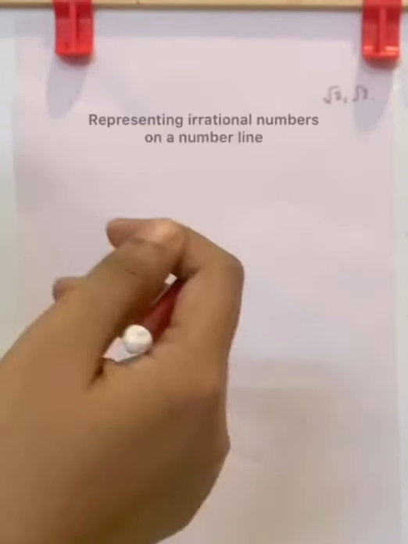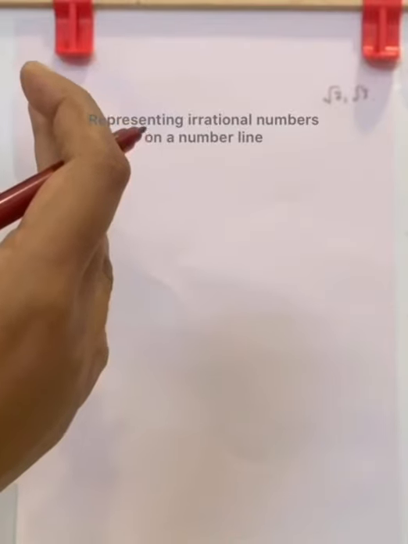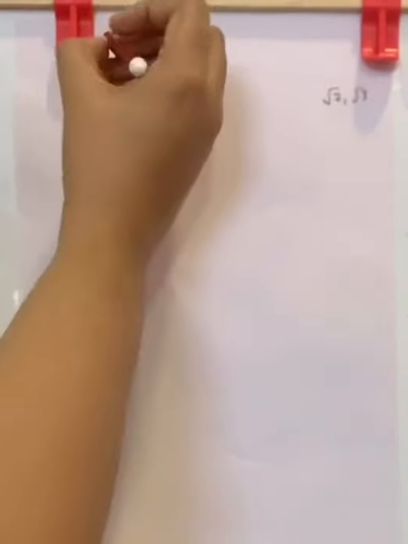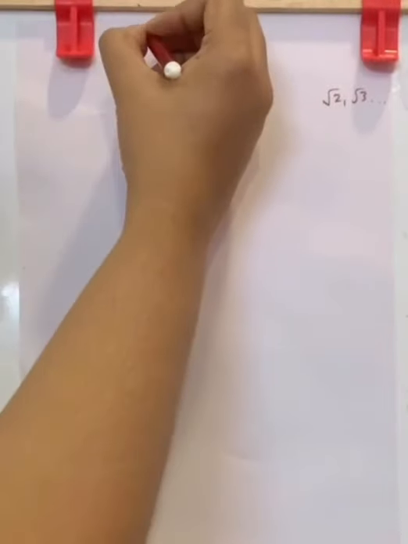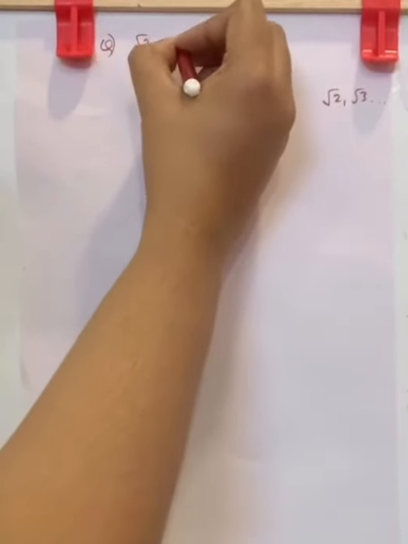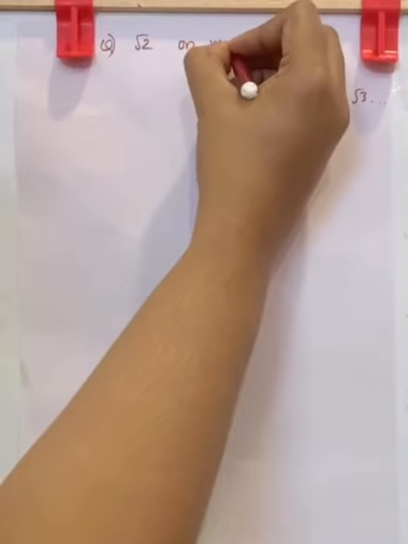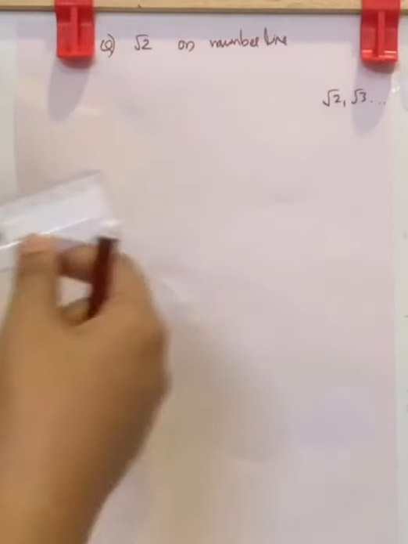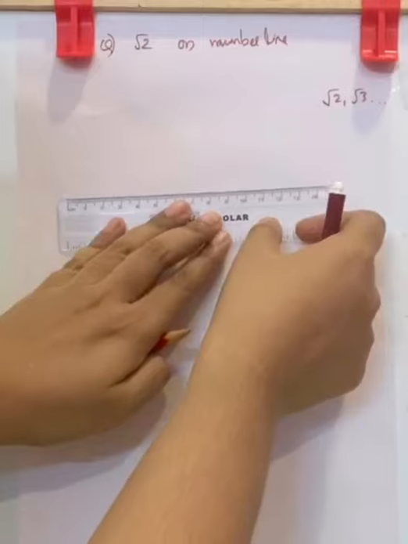Now coming to the representation of irrational numbers on a number line, first we will do an example. Locate root 2 on the number line. How will you locate root 2 on the number line? First, you have to draw a straight line.